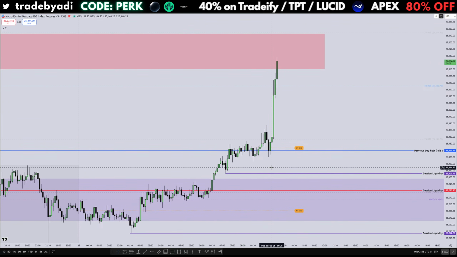If price was taking the sell side liquidity, and those who were long in this rally had put their stop loss over here, and price took out this liquidity and we had an inverse FVG somewhere over here, then we would be targeting this high or this high.